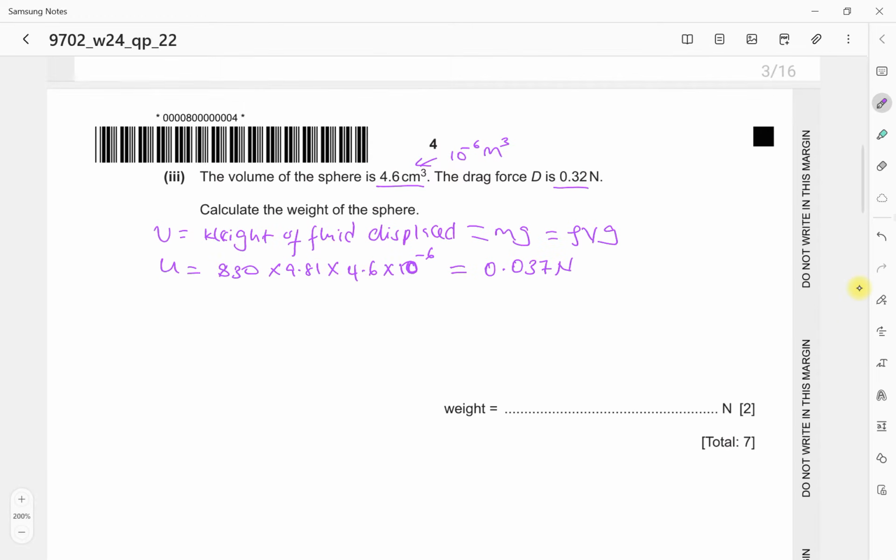So the weight is the upthrust plus the drag force. The weight is going to be 0.037 plus the drag force, which is 0.32. And when we sum this up, we shall have 0.357 or approximately 0.36. So I'll just write here 0.36 newtons.